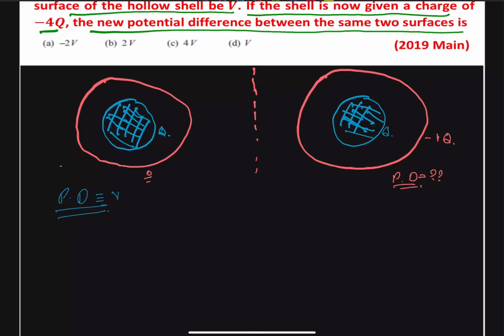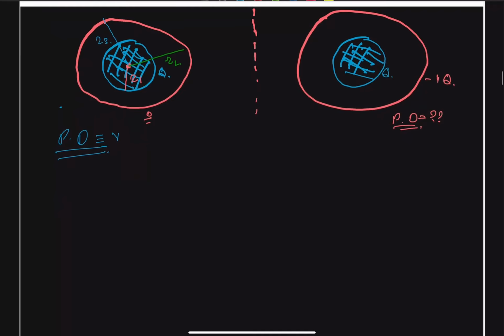For the sake of simplicity, let us suppose the radius of this sphere, if this is the center, is R1, and the radius of the inner side of this shell is R2, and the radius of the outer side is R3. So let me write it.